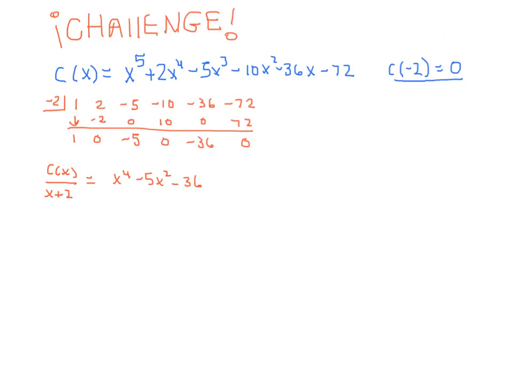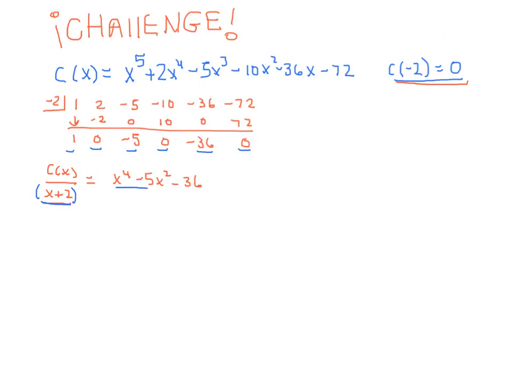If c of negative 2 is equal to 0, then you know that c of x divides evenly by x plus 2, and that x plus 2 must be one of its factors. Okay, so if you divide negative 2 out, this is what you get, and that means, since this is the remainder, this is the constant, this is x to the 1, x to the 2, x to the 3, x to the 4.